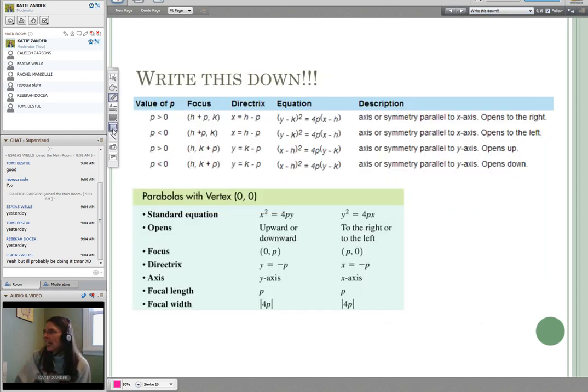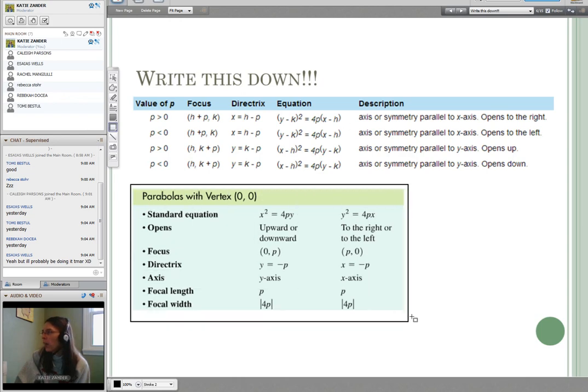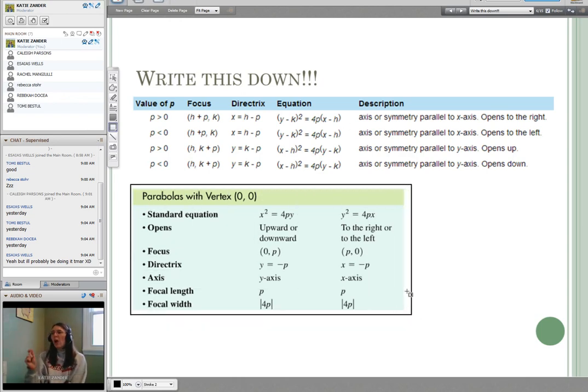All right, here is what I would write down or copy down, and actually if you want, you could technically hold off a little bit longer without having to write this down, because there is another table that gives you information with your parabola where the vertex is at a generic h comma k.